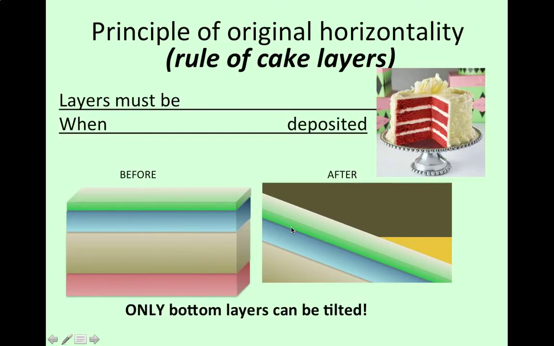So let's go through our common sense layers of how rocks form. Okay? These are fancy named rules for pretty simple layers. This first one is called the principle of original horizontality, and I want you to look at the root there, horizontality. Okay? Horizontal. That means flat, right? So that tells me that layers must be horizontal when they formed originally.